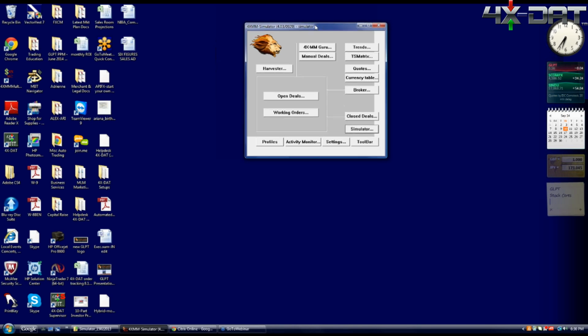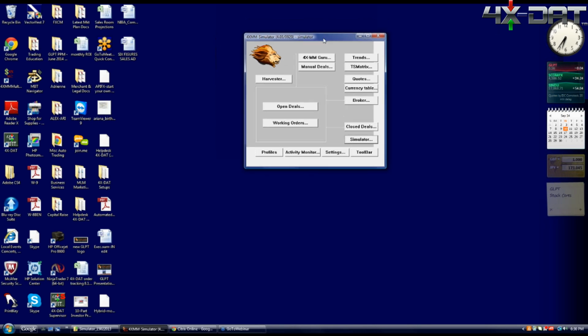We'll be able to see the algorithms. We also call them harvesters. If I refer to an algo or algorithm or a harvester, it basically means the same thing. First things first, this particular version of the ForexStat software is slightly different because it has one module called the simulator.